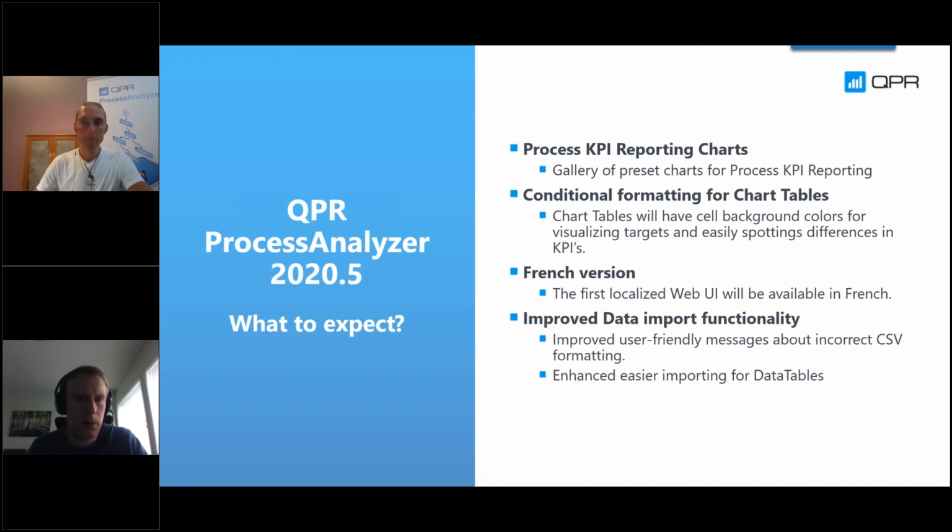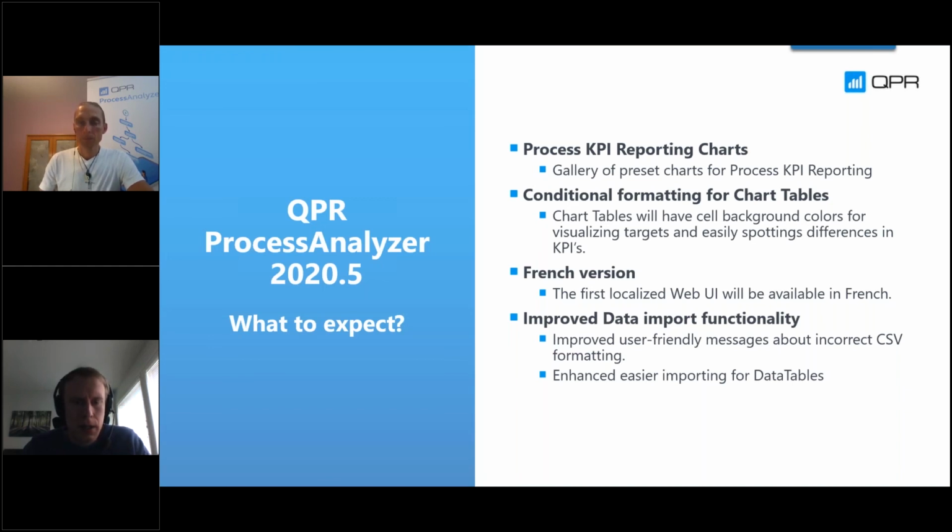And they will be available as ready-made presets that you can use as such, or then you can build your own dashboards that contain a nice set of several process KPIs there.